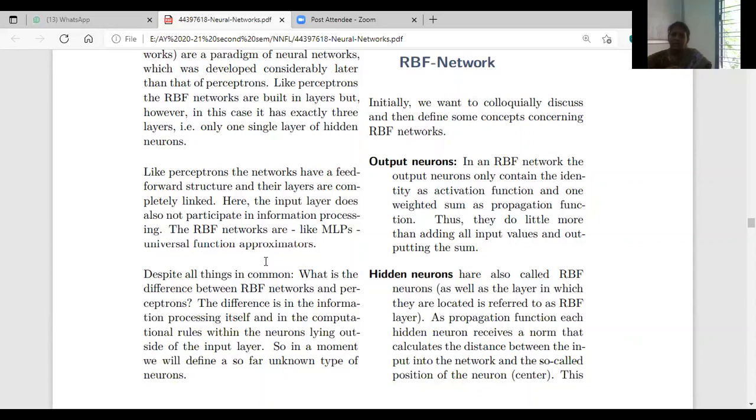Hidden neurons are also called RBF neurons because they are located in the radial basis function layer. As the propagation function, each hidden neuron receives a norm value that calculates the distance between the input into the network and the position of the neuron, whether it is the center or not.